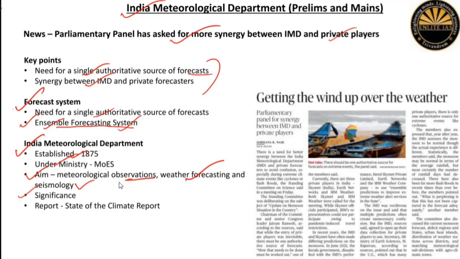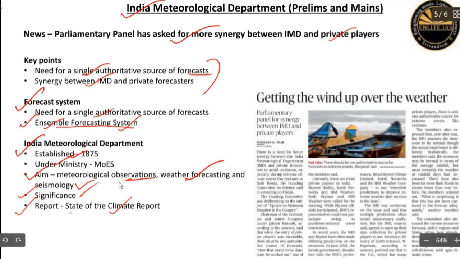Regarding significance, the IMD is of very important significance because its forecast affects agriculture, civil aviation, and shipping, and it is also important from the perspective of disaster warnings. So IMD remains very important.